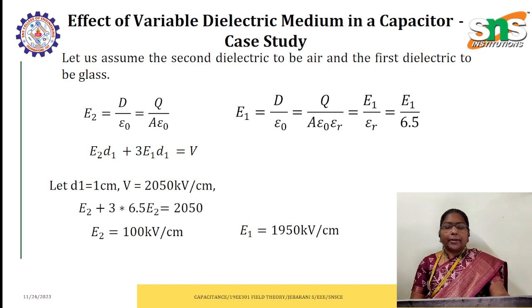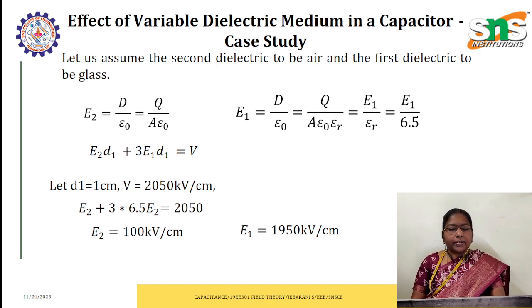So we'll just see. If you take up the second dielectric medium, which is going to be air, when you add these two dielectric field values, and when you take the distance to be d1, if you take d1 to be 1 centimeter and V to be 2050 kV per centimeter, the second one can offer 100 kV per centimeter, and the first one can offer 1950 kV per centimeter.